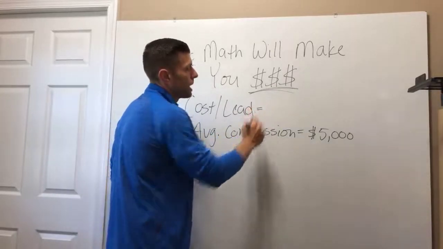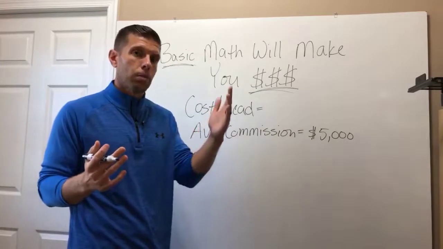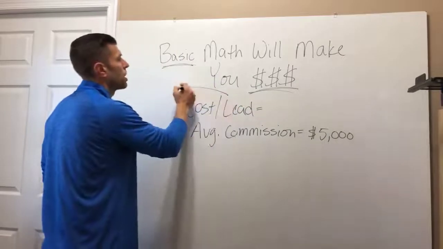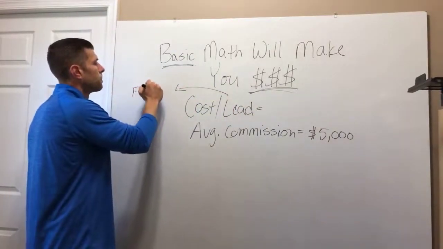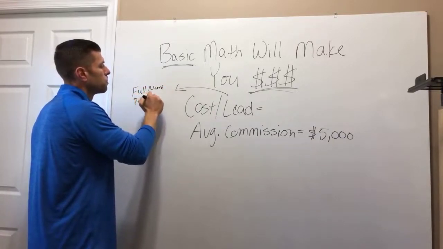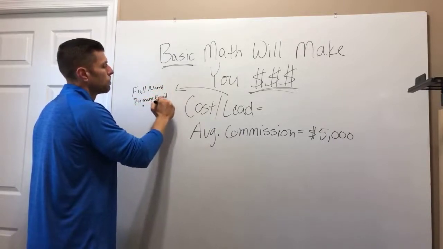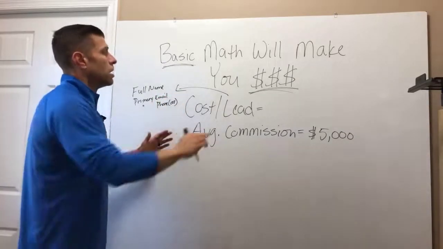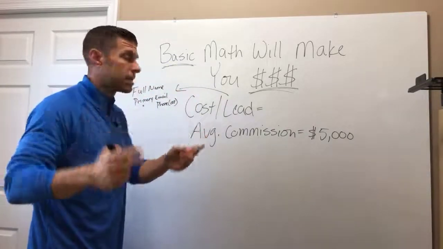For cost per lead. Now, when I say a lead, for us at Client Alchemist, whether it's someone who is a partner or a pro member, when we say cost per lead, we're talking about someone where we get their full name, their primary email, and their primary phone number, which in most cases is their cell, okay? Some other things about what we would quantify as a lead.